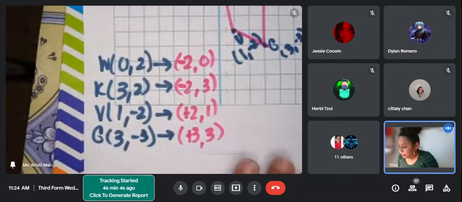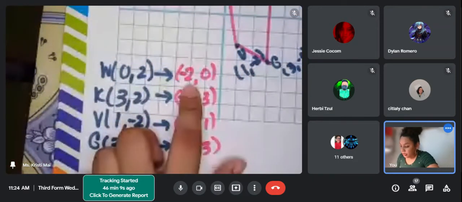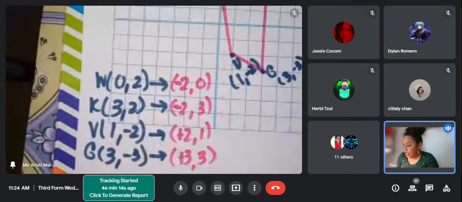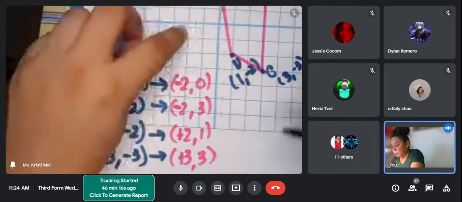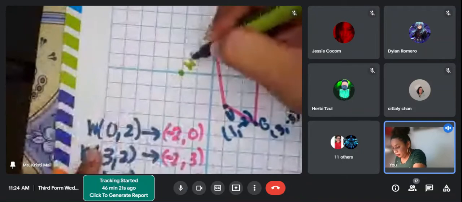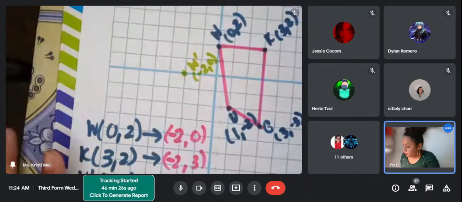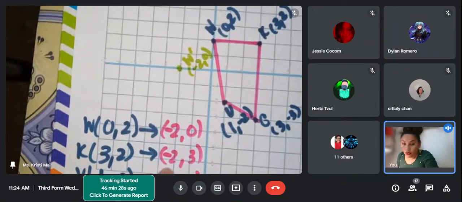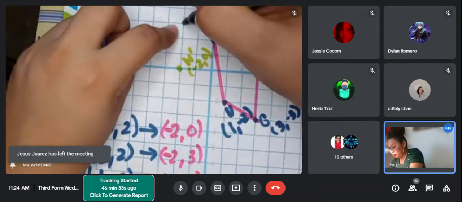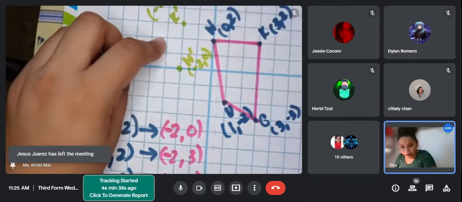So now let's see. We begin with W1. W1 is going to be negative 2, 0 right here. This is going to be W1, negative 2, 0. You have K1, which is negative 2, 3 right here.